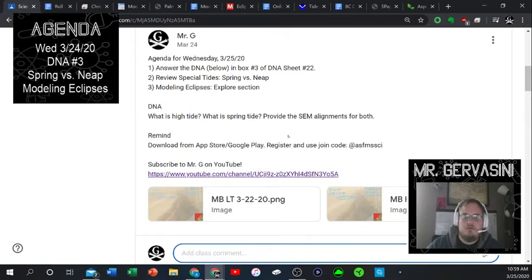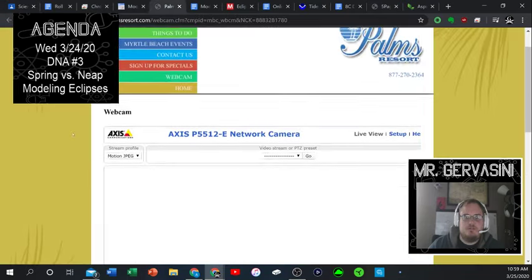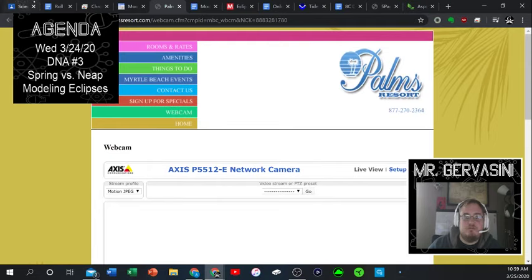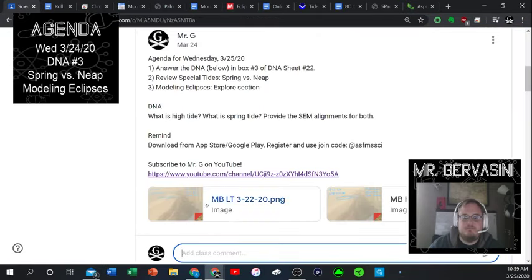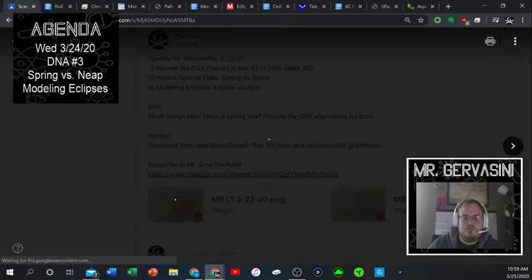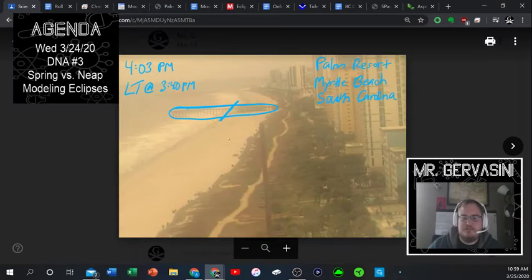If you also want to take a look, I did post links. I used a webcam for a resort at Myrtle Beach, Palm Resort. I just looked up different webcams trying to find someplace relatively famous. This is Myrtle Beach on the 22nd, a couple days ago. It's low tide at 3:40 p.m. I took it at 4:03, so it's 20 minutes after.